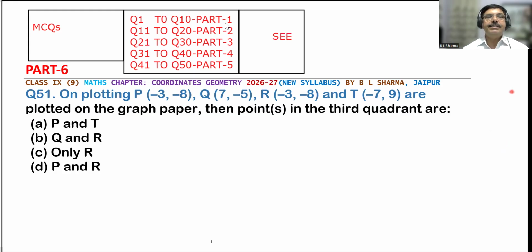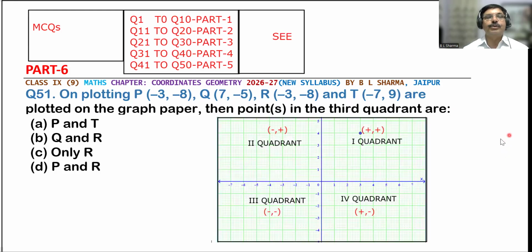The question says, on plotting these points on the graph paper, then points in the third quadrant are. अगर मैं इस क्वेश्चन पे देखूं तो थर्ड क्वाड्रेंट में कौन से पॉइंट्स होंगे? See, in the third quadrant we see x coordinate is negative and y coordinate is also negative.